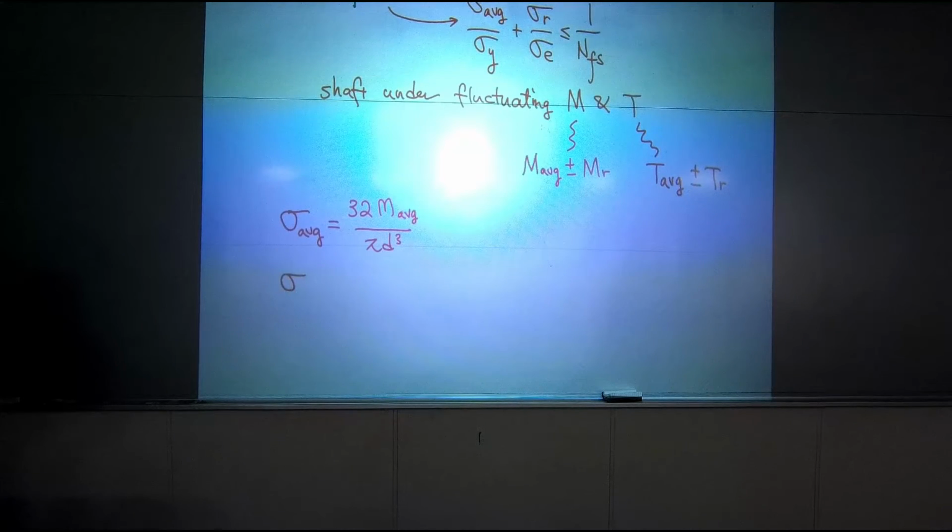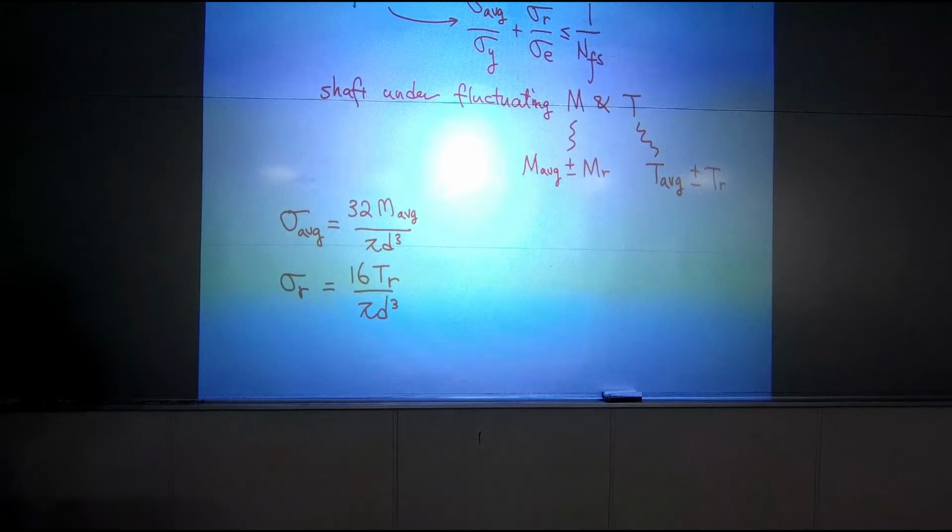We may have sigma range equals 32 M range over pi d cubed.